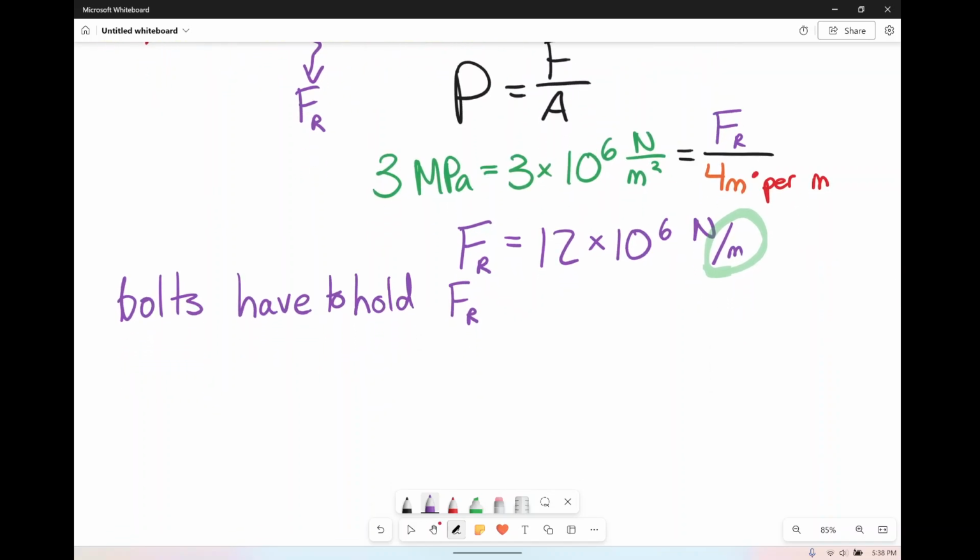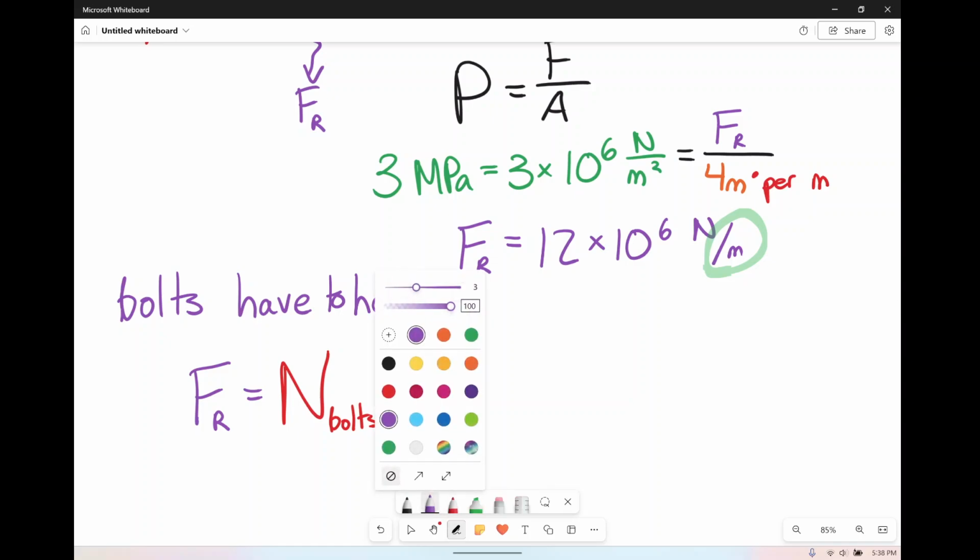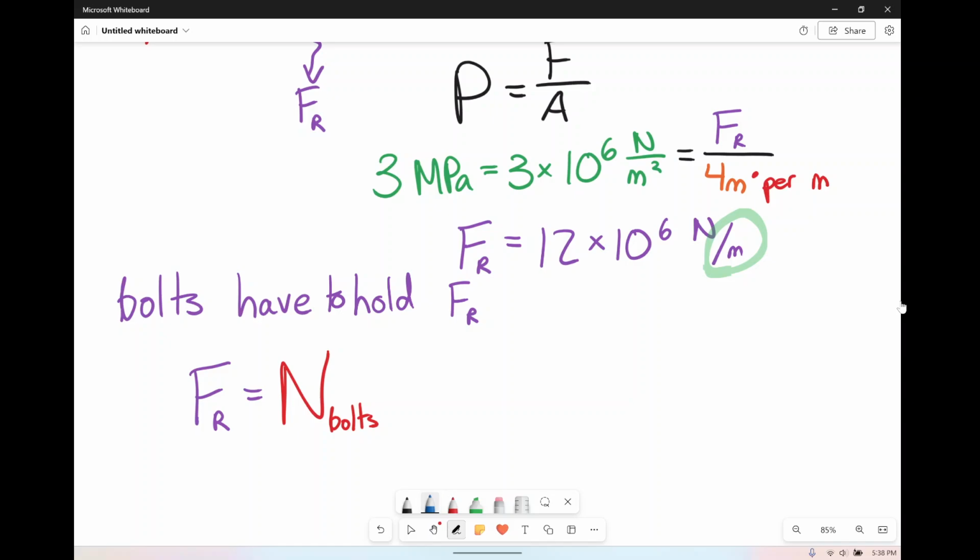So again, our force resultant is going to be resisted by the total number of bolts times the force of each bolt, right? So this entire force has to be resisted by the bolts. Each bolt can take a certain amount, and then the number of bolts is going to multiply together to give us the total force resultant.